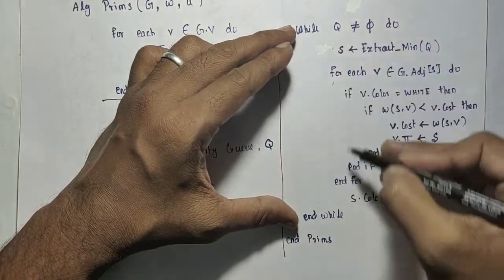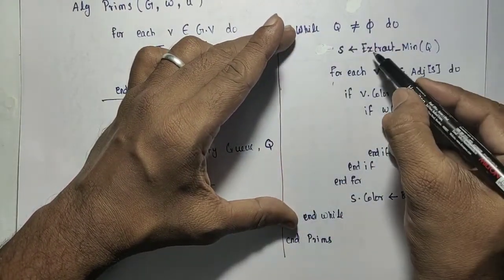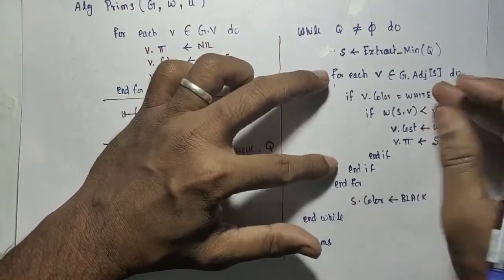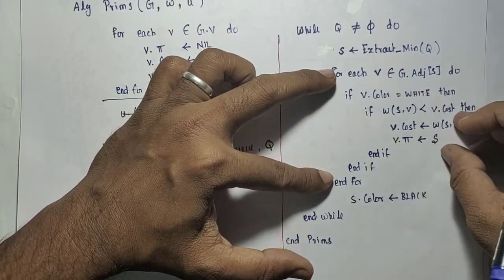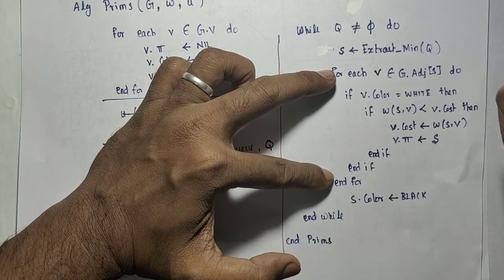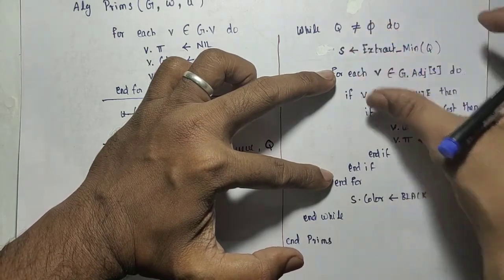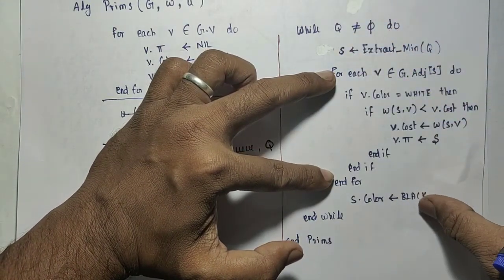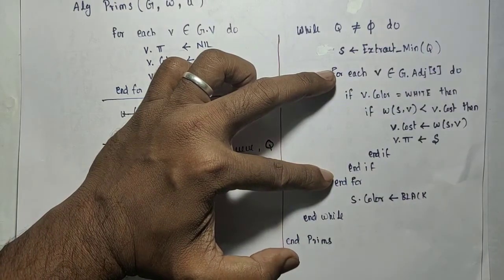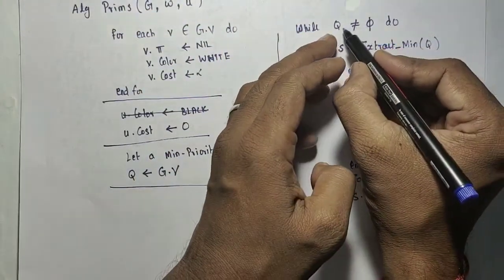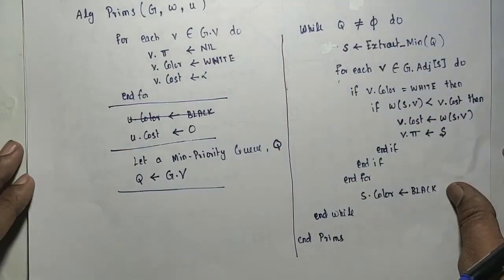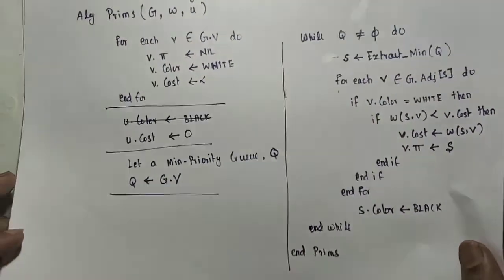While the queue is not empty, extract the minimum one and update the adjacent vertices. If updation is needed, you update it. After updating, change the color to black. You have to repeat the same procedure until the queue becomes empty. So this is Prim's algorithm.